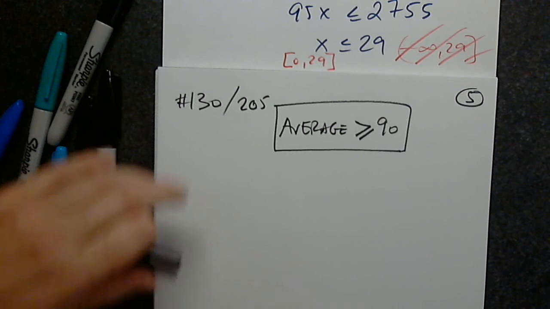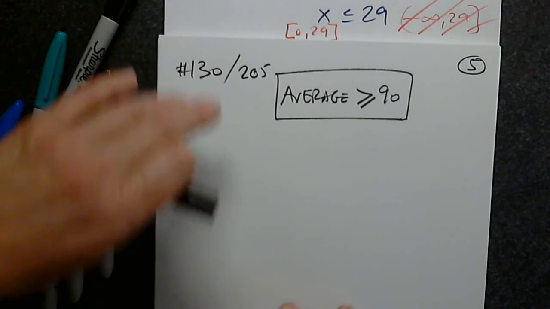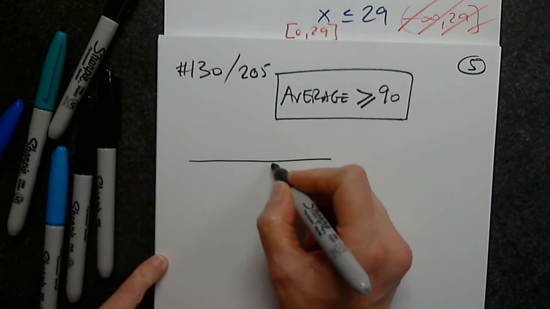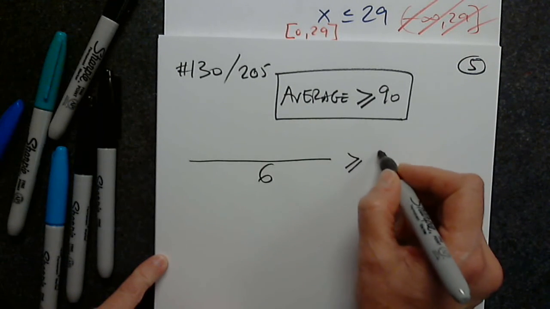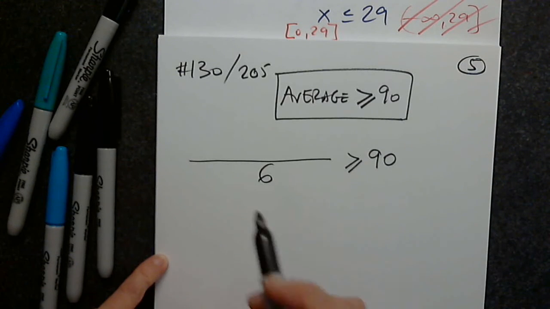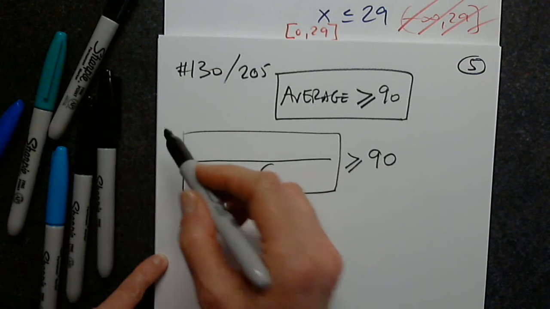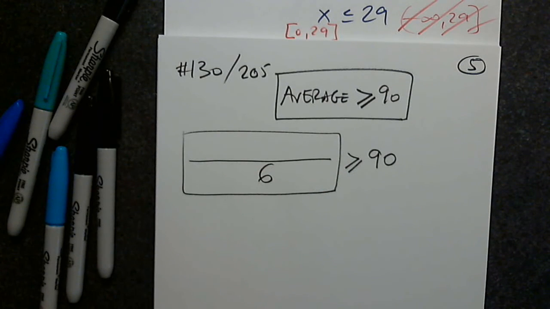How do I determine the average of 6 numbers? Exactly. Add them all up and divide by their number. If I had 5 numbers, I would have divided by 5. If I had 2 numbers, I would have divided by 2. Is this okay? Okay, perfect.